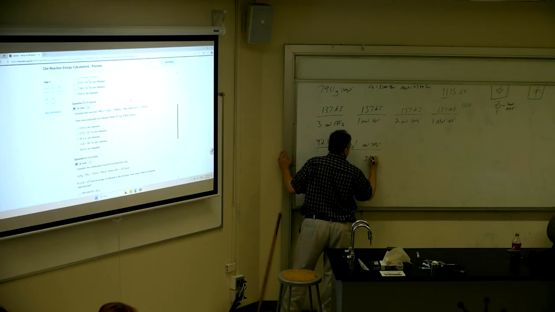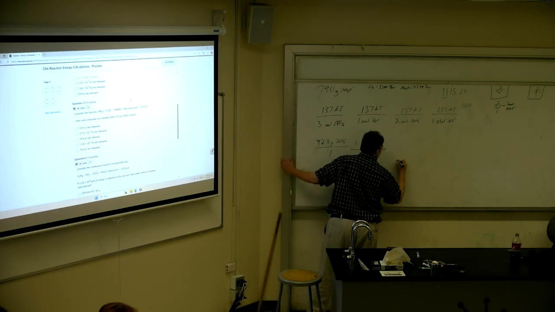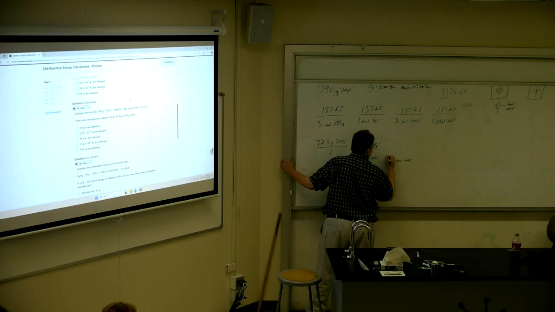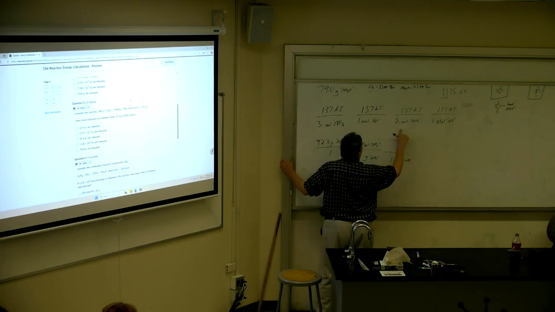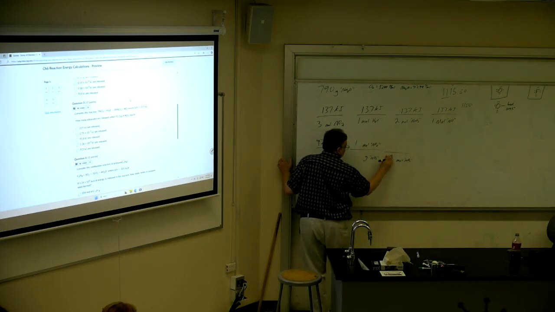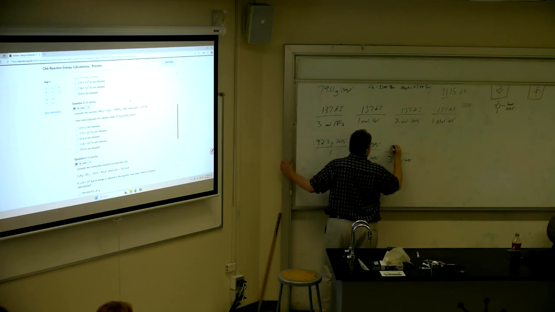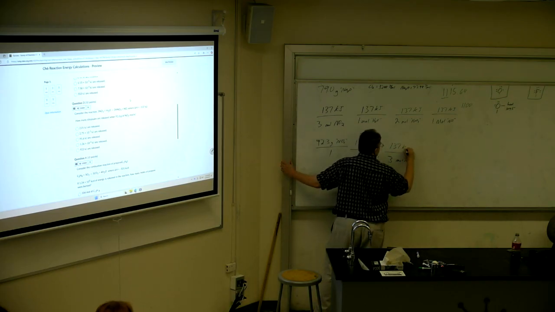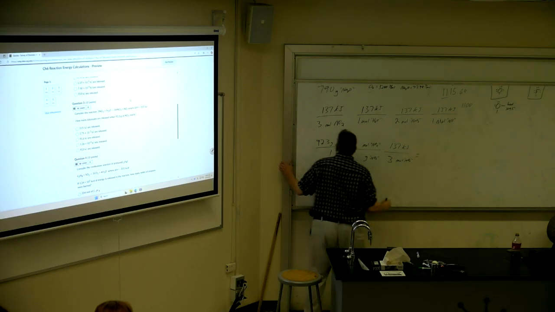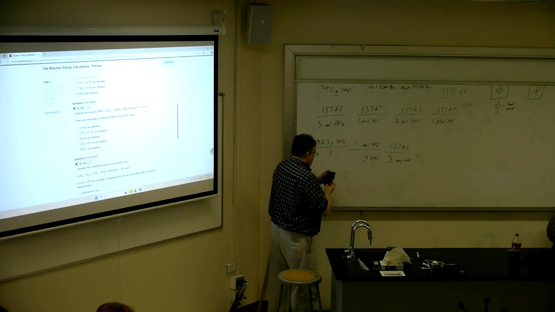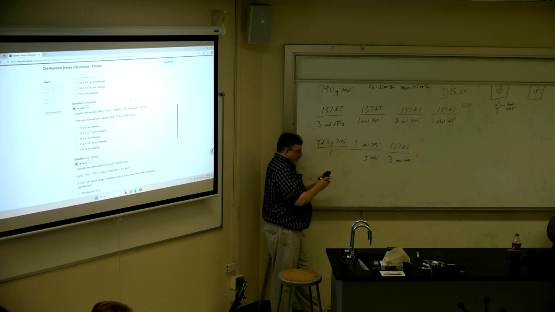First, we need grams per mole for NO2, and then we will do moles. NO2, this should be a 3. 3 moles of NO2 gives us 137 kilojoules. That'll do it.